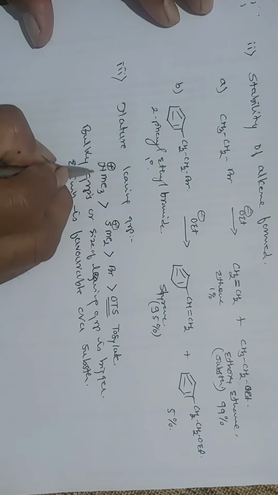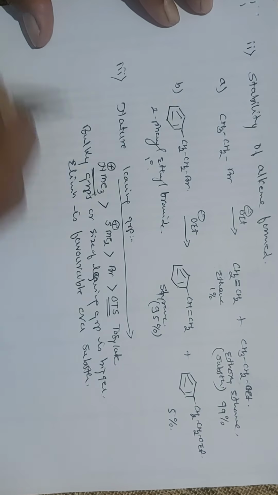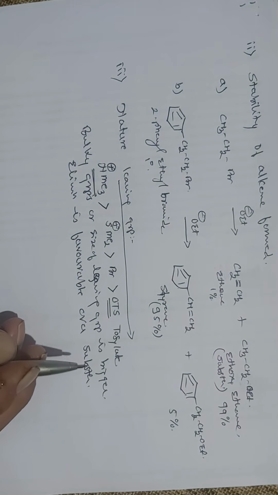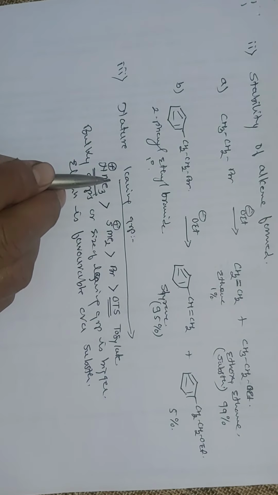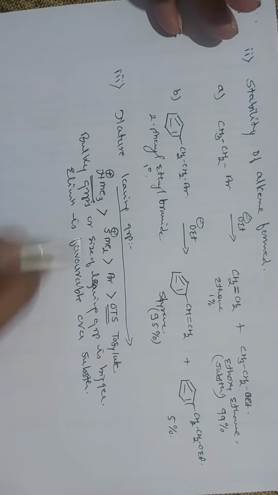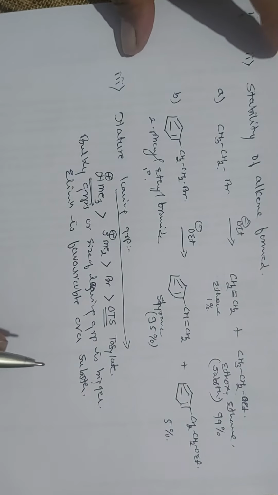So here the rate of elimination goes on decreasing, the elimination product goes on decreasing, and the substitution product goes on increasing, or the reaction tends to give the substitution product from left to right. So this is all regarding the leaving group.